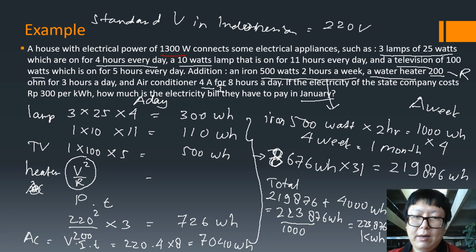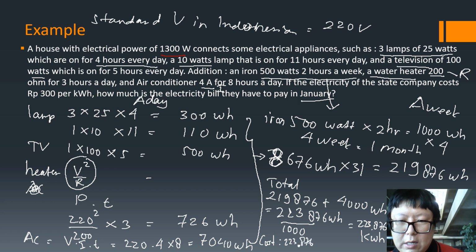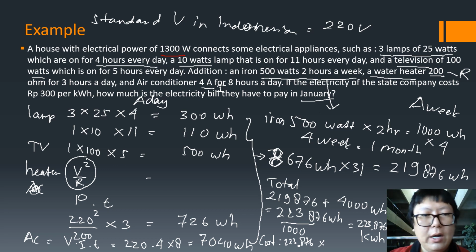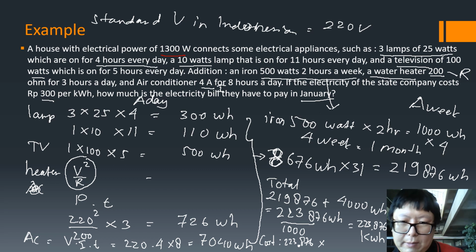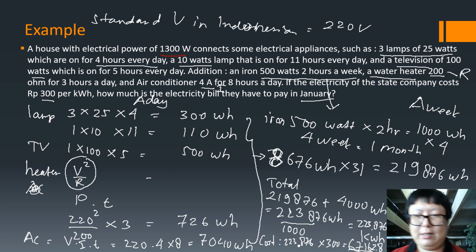Okay, then the total cost will be 223.876 times the cost per kWh, times 300. So I get 67,162.8 rupiah. So this is kind of cheap because only 300 per kilowatt hour.